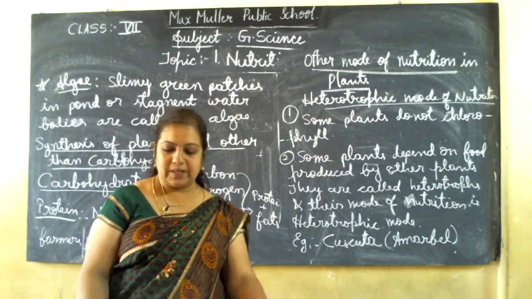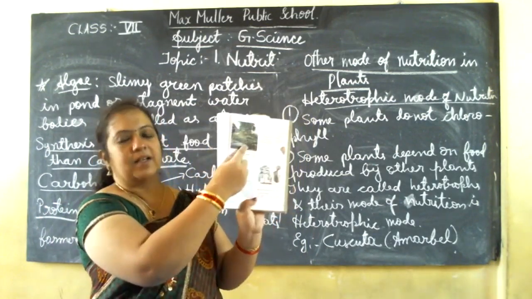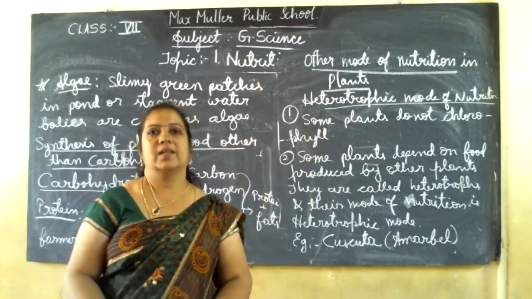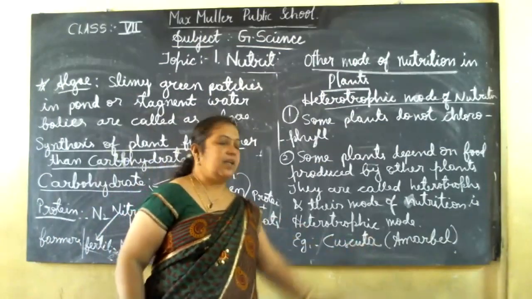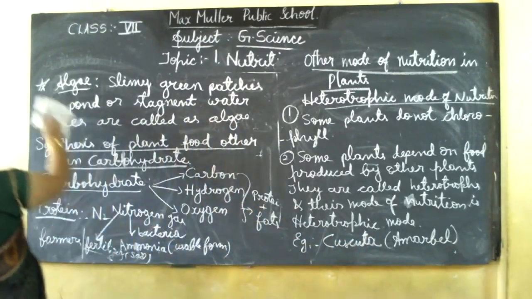See, they have shown the picture of Cuscuta also. Here there is a huge tree. On that, a wire-like structure is spread all over the tree. That is the Cuscuta, another name is Amarbel. So how will it be? It is a wiry line.